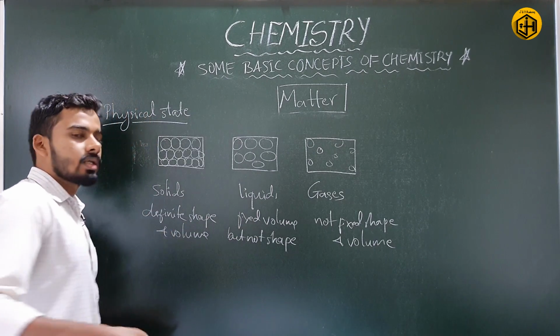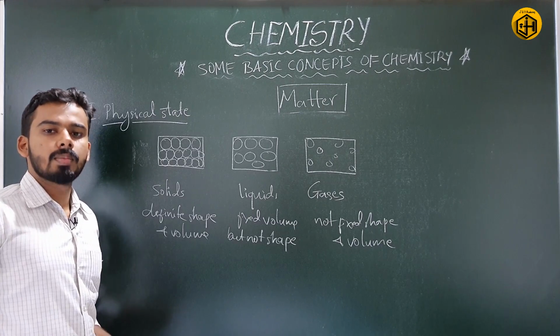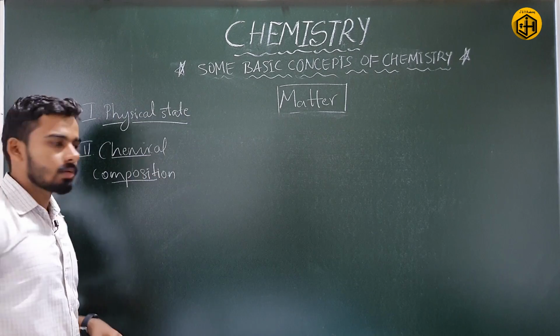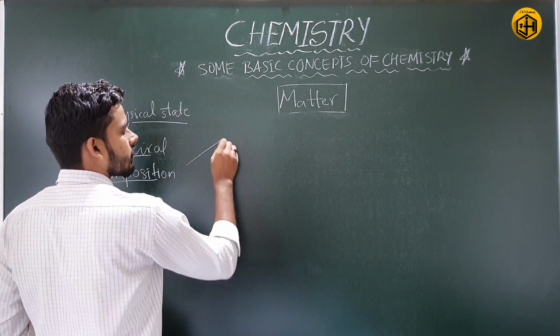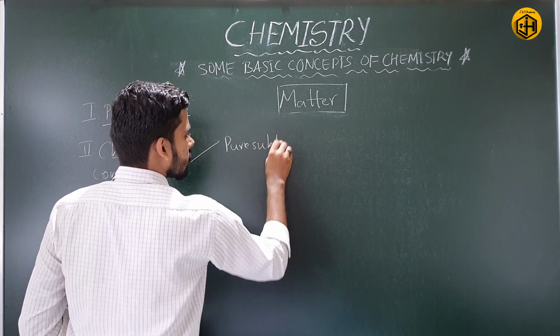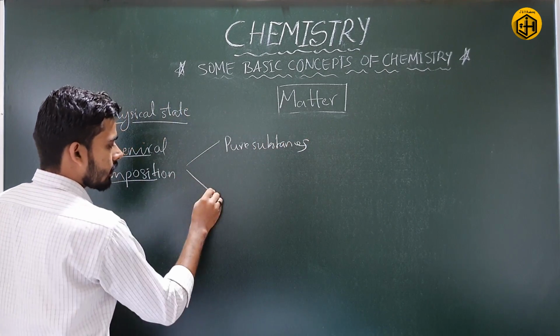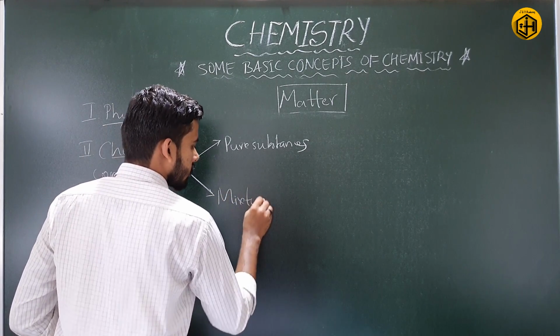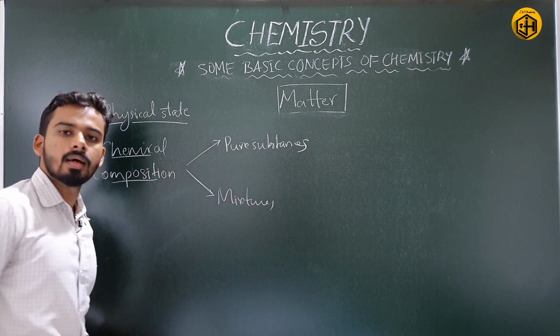Now, classification of matter depending upon the chemical composition. Depending upon the chemical composition, matter is classified into two types. One is pure substances and the other is mixtures.